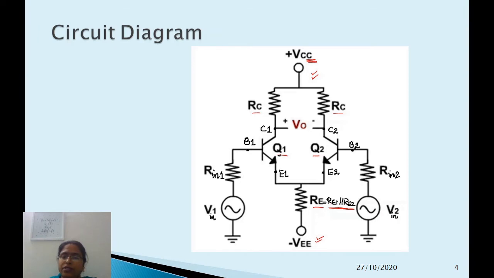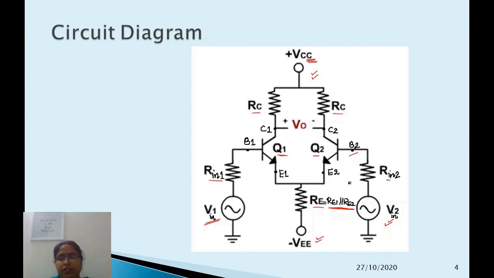At the base of transistor Q1, we connect the input Vin1 through a resistance Rin1, and at the base B2 of transistor Q2, we connect an input source Vin2 through a resistance Rin2. So this forms our basic differential amplifier circuit.